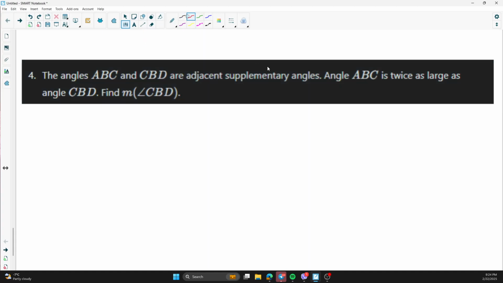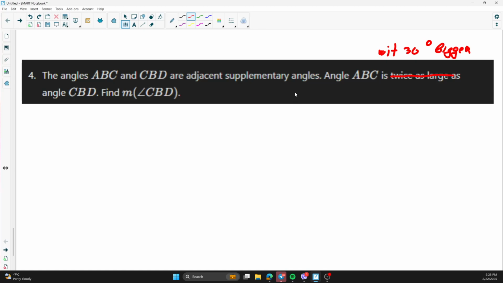Here's a mistake: angle ABC is not twice, but 30 degrees bigger than CBD, okay? I will use AI to translate these problems from Romanian to English. So you have the angles ABC and CBD, which are adjacent supplementary angles, and the angle ABC is 30 degrees bigger than the angle CBD.